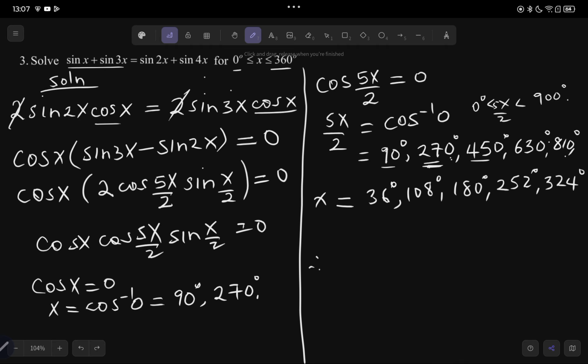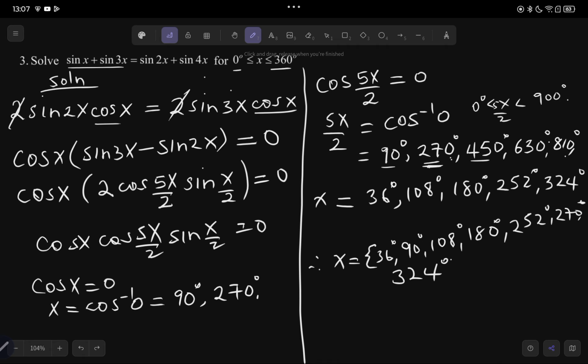So therefore, what is our x generally? Collectively, our x is 36 degrees, the smallest, followed by 90, followed by 108, followed by 180 degrees, followed by 252 degrees, followed by 270 degrees, followed by 324 degrees.